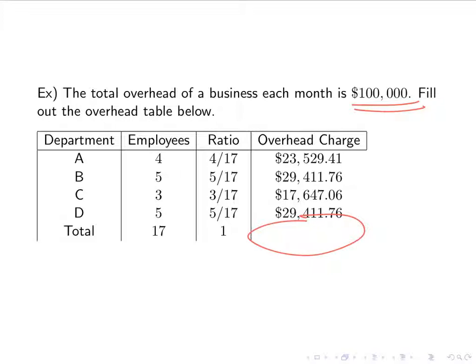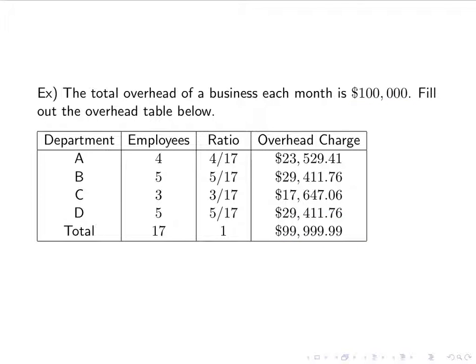If you're off by 4 pennies or 5 pennies or $1, $5, that's not good. But the basic rule of thumb is you can be off by a penny for every 2 departments you have. So since I have 4 departments, I can be off by as much as 2 pennies, and it's not going to be wrong. So if I add these up, I see that I'm actually short by a penny.